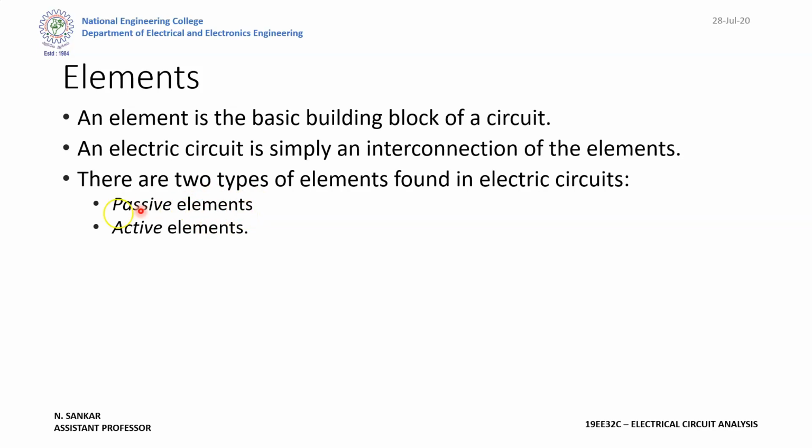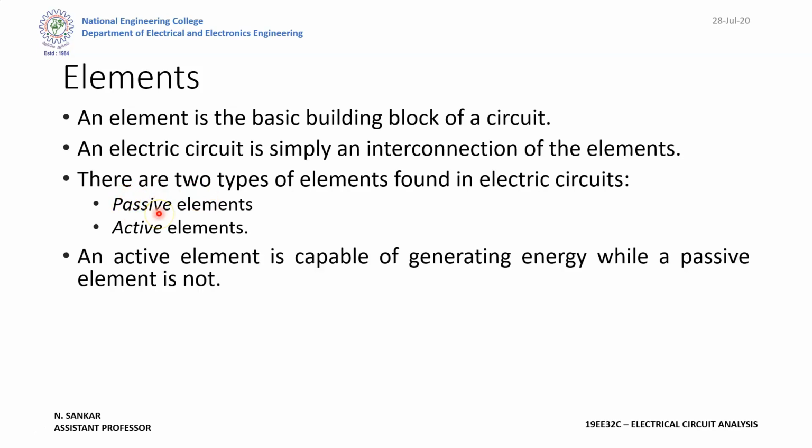The elements which are generating power or energy are called active elements. So in the case of the torchlight, the battery is the active element and your lamp is the passive element. An active element is capable of generating energy. The best example is your battery, or you can even take a solar PV panel or generator.